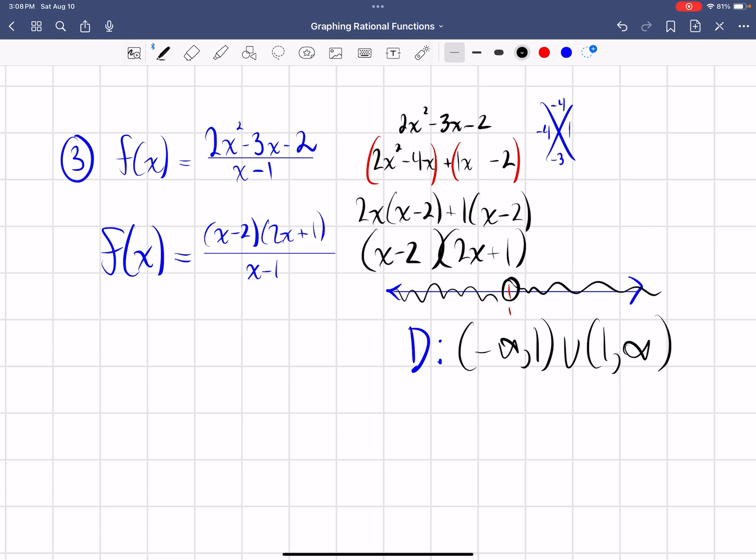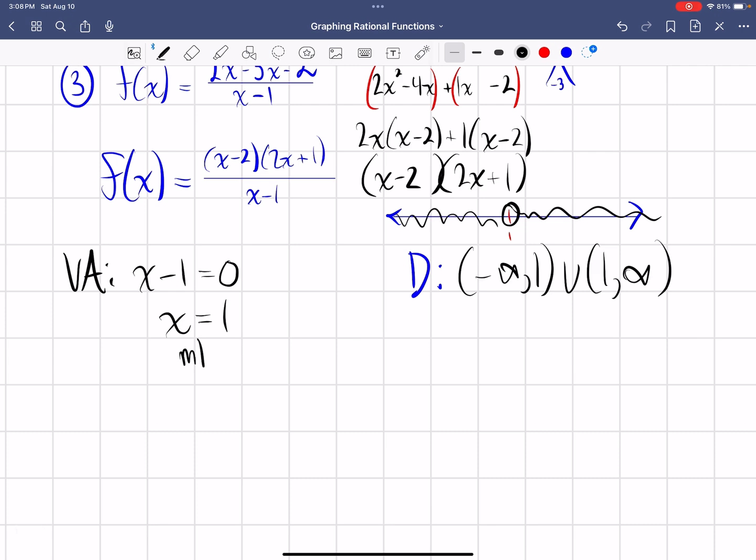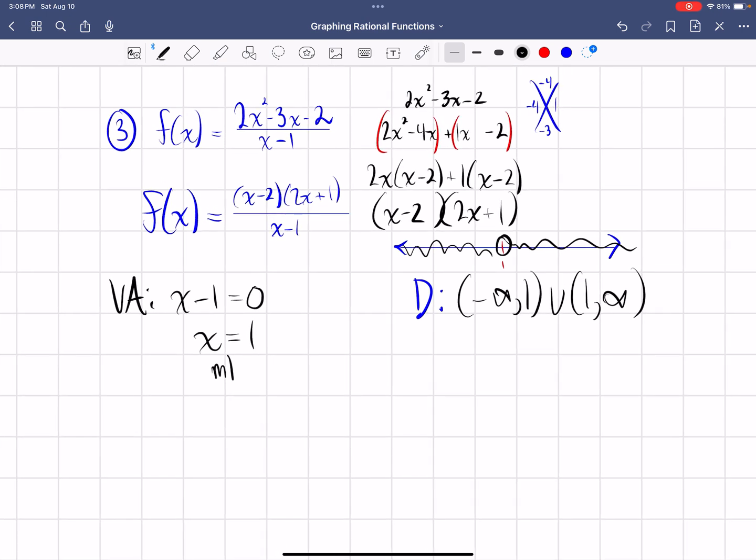Next step is vertical asymptotes. To find those, we just take the denominator and set it equal to 0. We get x equals 1, which has a multiplicity of 1. Horizontal/slant asymptotes. So remember, for this, we compare the degree of the numerator and denominator. And in this special case, the numerator is degree 2, whereas the denominator is degree 1. And when your numerator is 1 degree higher than your denominator, you don't have a horizontal asymptote, you have a slant or oblique asymptote.